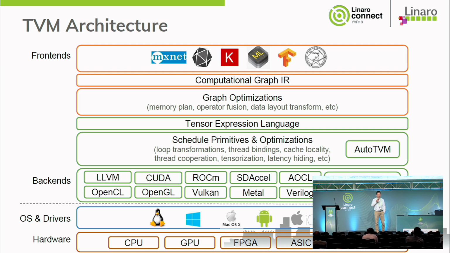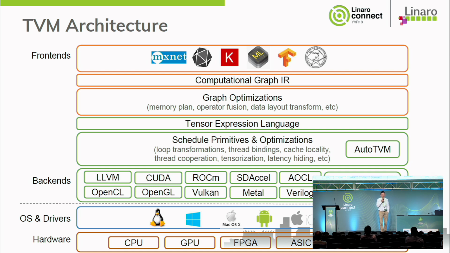A bunch of graph optimizations can be done at the graph level, just as Tom mentioned before. For example, you can do memory planning, operator fusion, and data layout transformation. After the graph optimization, you can do tensor level or operator level optimization and scheduling.